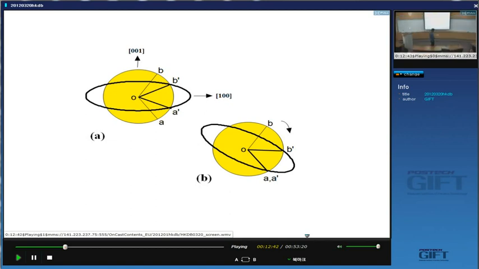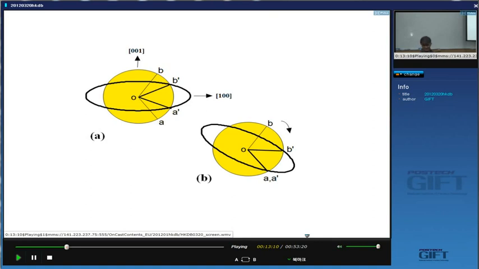Now, supposing that I take my austenite, I apply the Bain strain, and I generate this as my martensite, and then I rotate the martensite with respect to the austenite so that one of these lines comes into exact coincidence. Yeah? Then the combination of a Bain strain and a rigid body rotation gives me an invariant line.